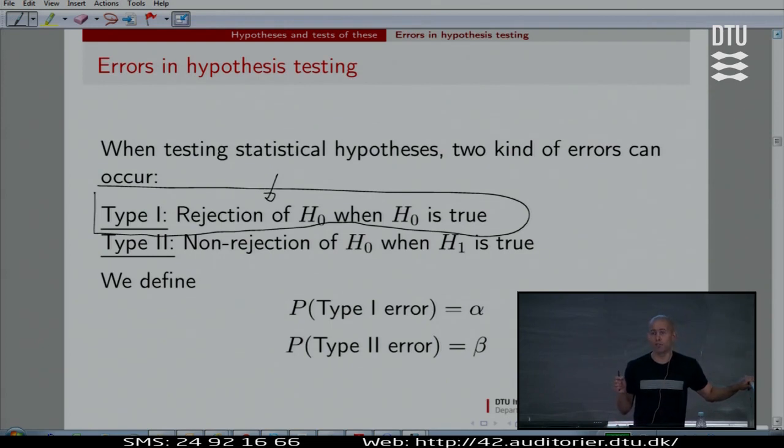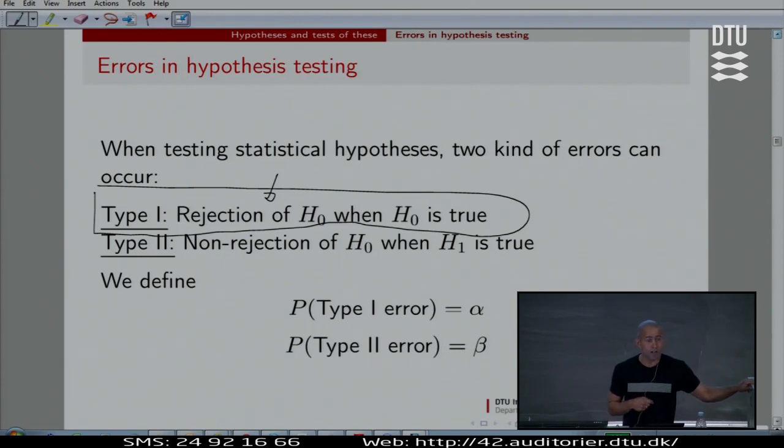Or concluding that the company is wrong in their claim of their specification, even though they are actually right. Or finding a new cancer treatment and deciding that it works better than another treatment, in a situation where, if you had full information, you would realize this is not the case. The treatment is not better than the other one. That's a type 1 error.